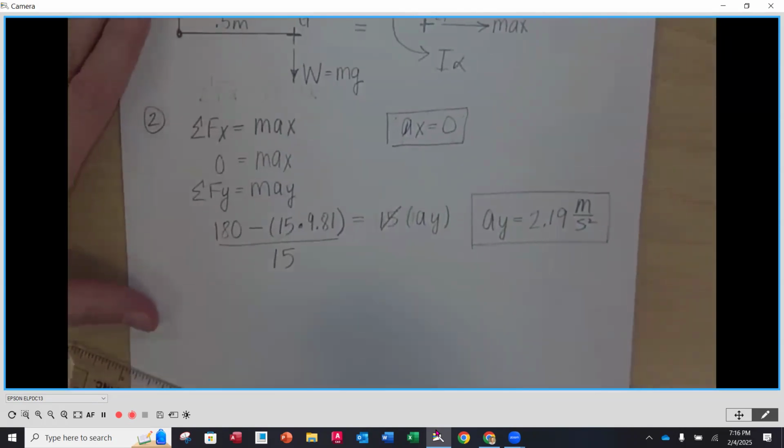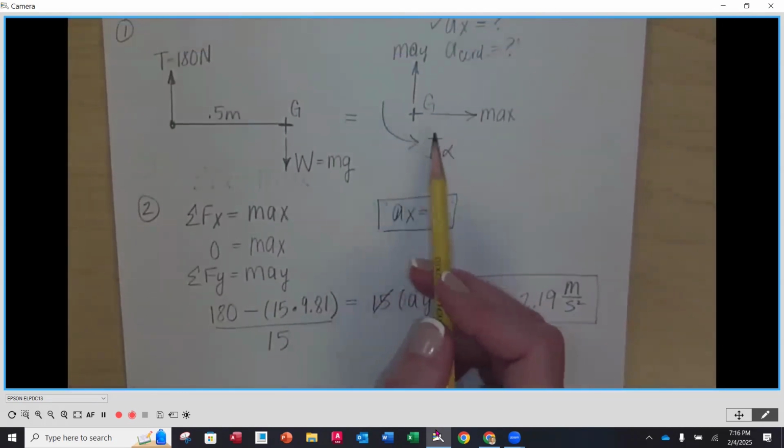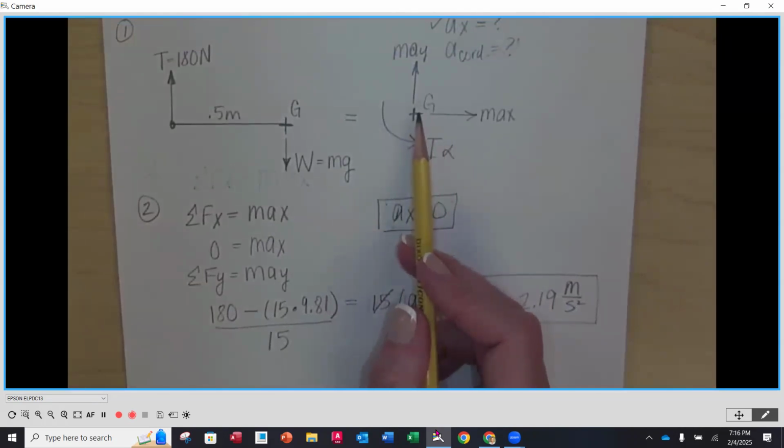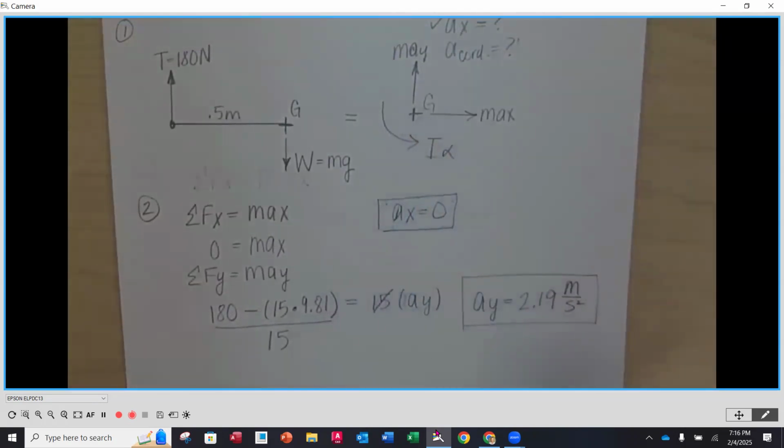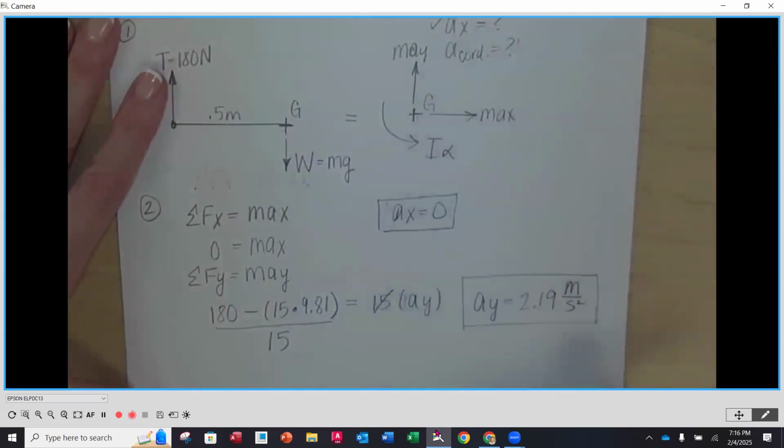All right, and then the last one that we're going to do is because we have a rotation around that center of G, we're going to do our sum of moments around G, and then around our inertia.